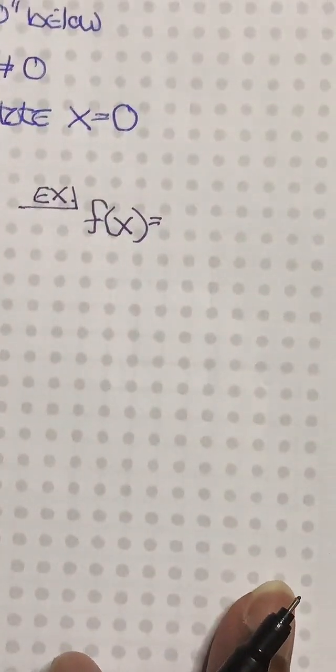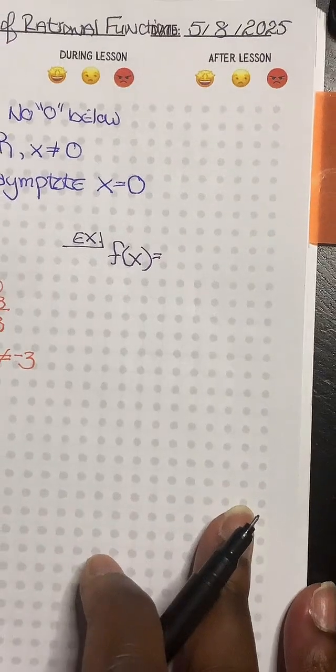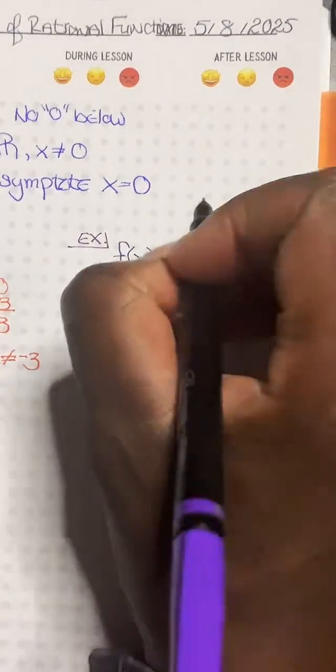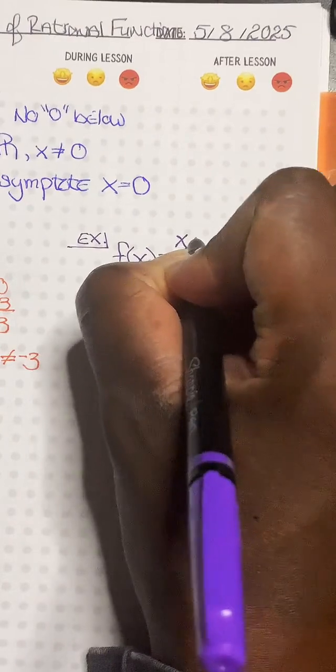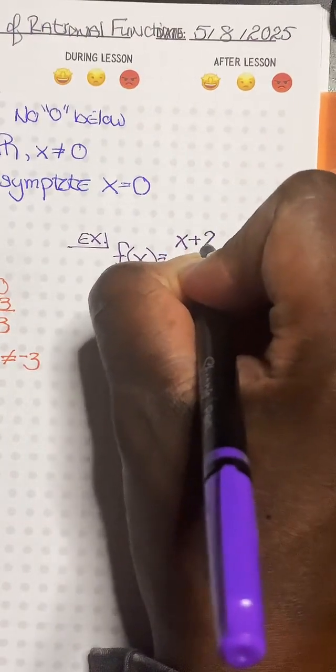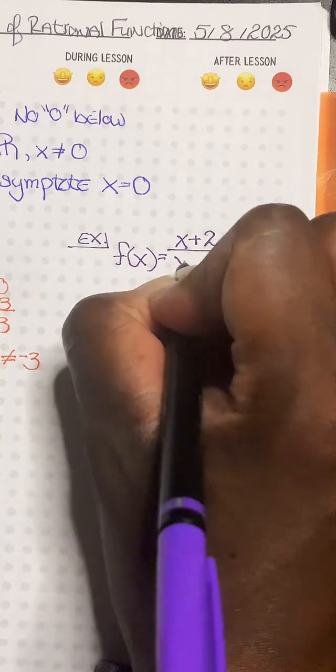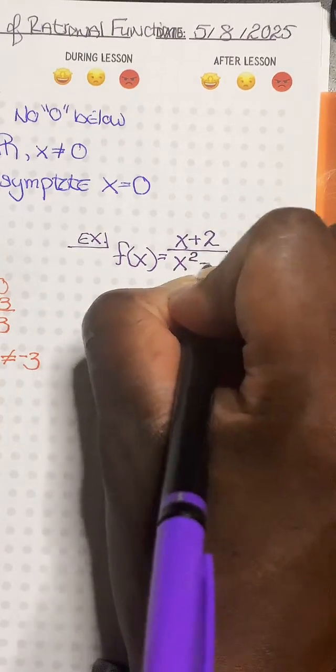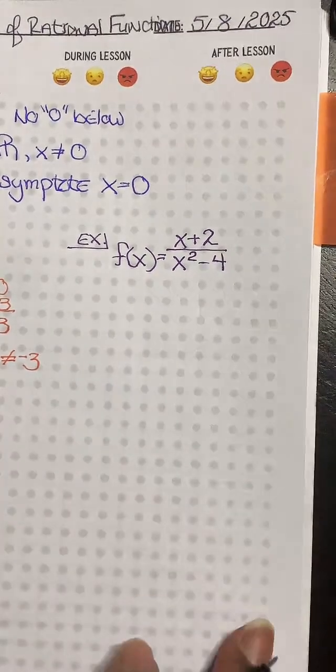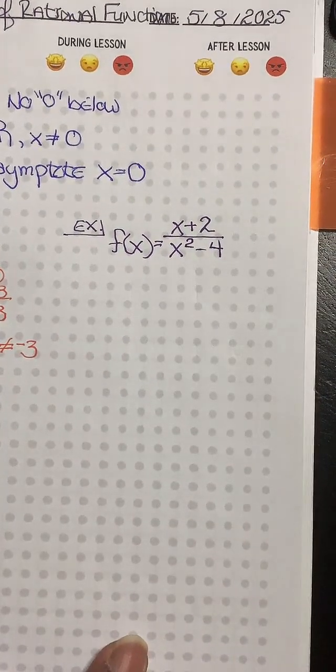So we have our f of x is equal to, let me unzoom just a lot, not even a hair, just a lot. So we have x plus 2 over x squared minus 4. Okay, so this is going to be our next one.